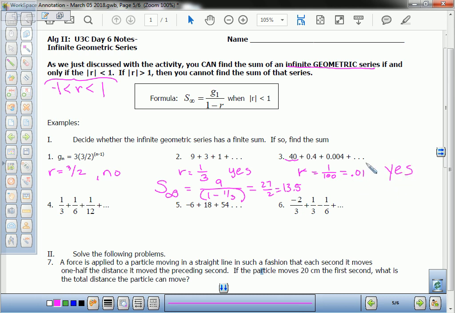We can do it because this ratio is in this interval. So it is possible. It works. So the sum of this infinite geometric series is the first term, 40, over 1 minus 0.01, which is 40 over 0.99.